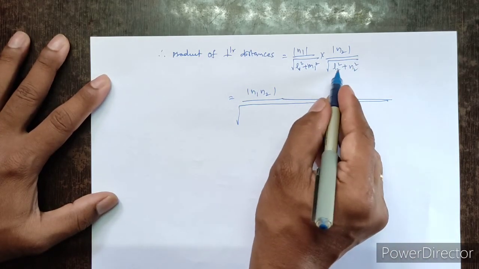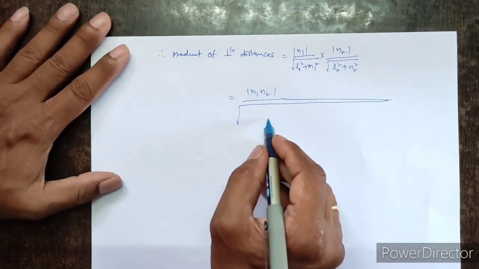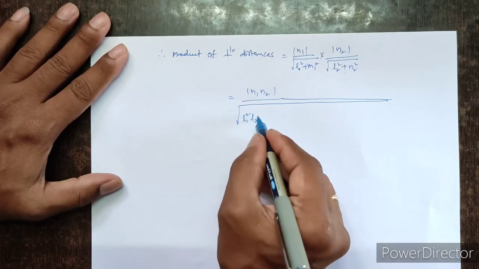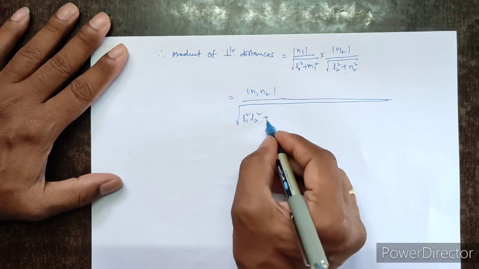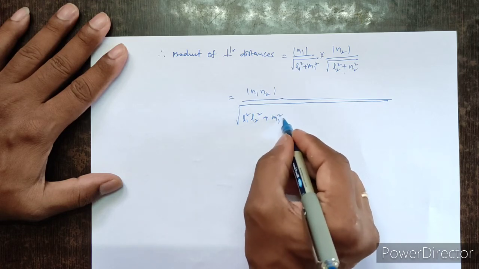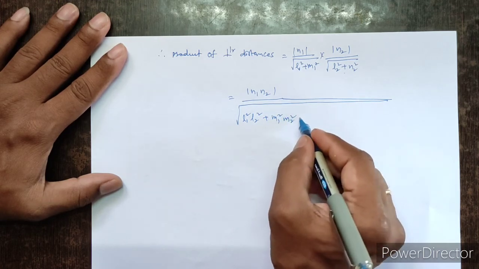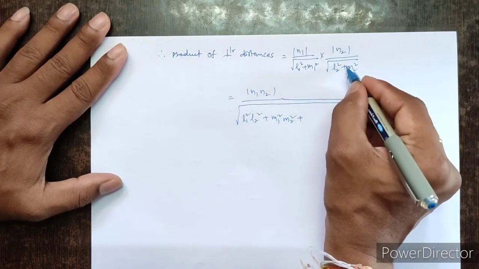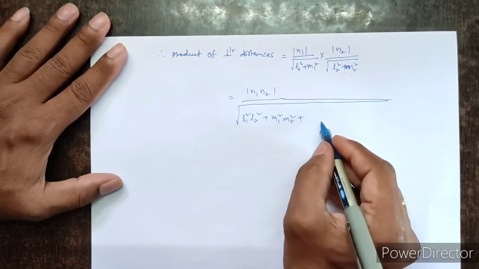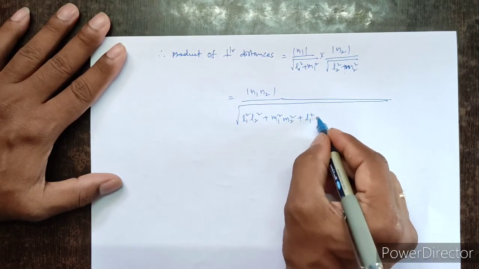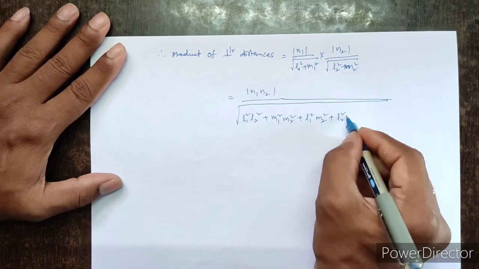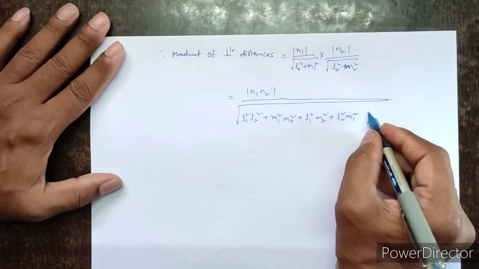So L1 square into L2 square plus M1 square into M2 square plus L1 square into M2 square plus L2 square into M1 square.